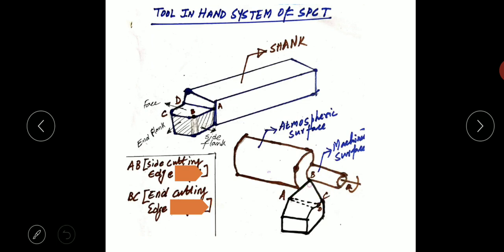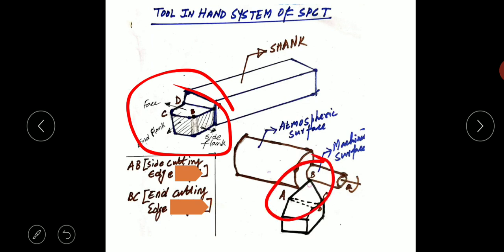Also, when we learn the ASA and ORS systems, we will learn that the different faces have different inclination angles given to them. Why are these inclination angles given? If we visualize, the side AB comes under the side flank, and it is also exposed to the workpiece.